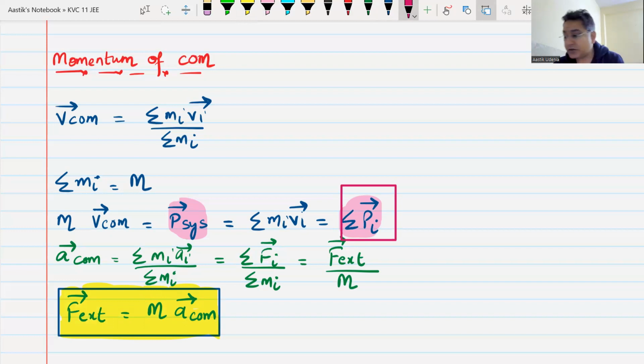These are two very important things that are going to come for a very long time. I'll give you 2 minutes to write this down. Everyone has understood this, yes or no? I'll give you 2 minutes to note this down.